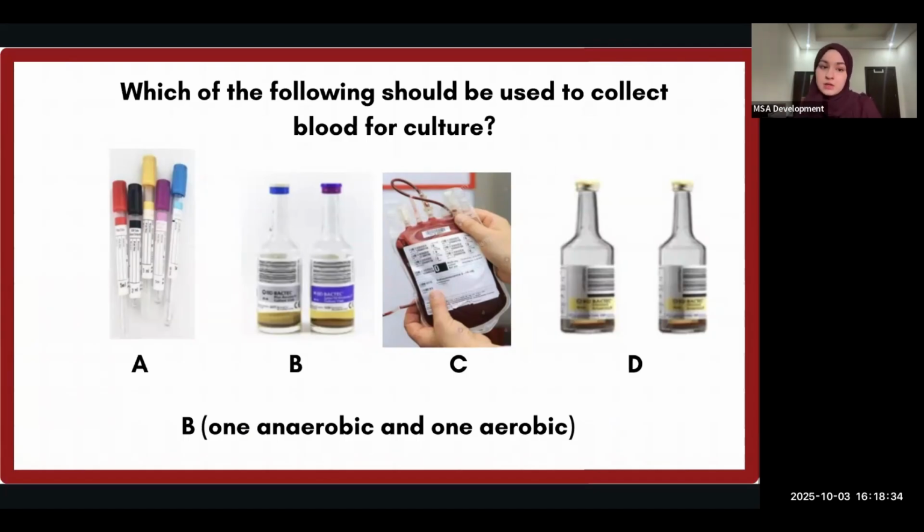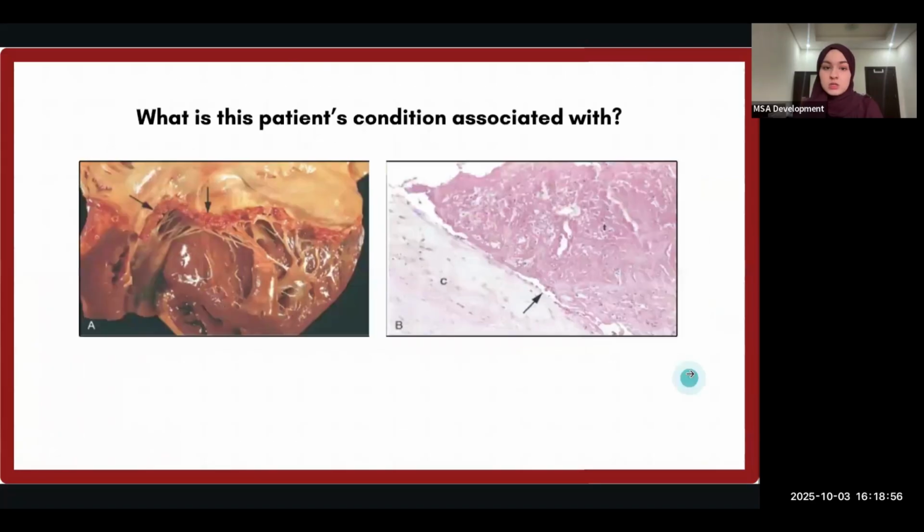Ghedaa will talk exactly about how to collect the samples at the end, but I wanted to include this here because it's related to infective endocarditis. So the sample you would order is this one, not the one with the same colored cap, not a blood bag, not these, the one with 2 different colors. Please don't get this wrong because they will probably ask it, like 100%.